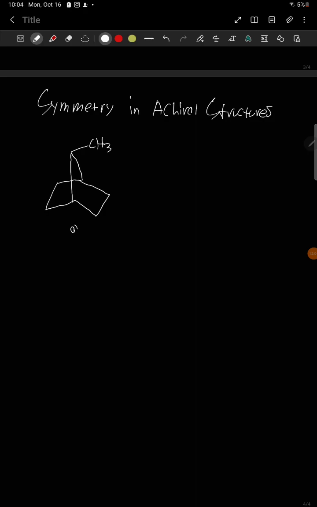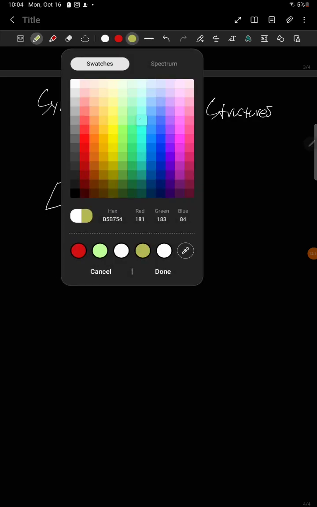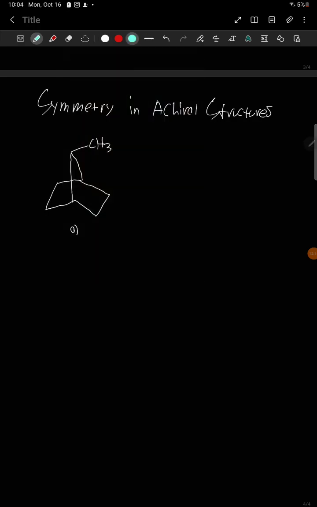Well, let's think about this. Does this structure have a plane of symmetry? I'm going to switch colors here. Now look at this group. Think of this structure, we can look at this in 3D.